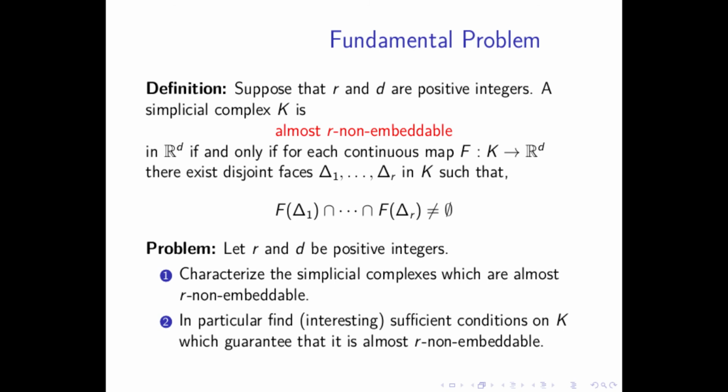Now, there has been a lot of interesting developments in several past years, but the general problem is to characterize the simplicial complexes which are almost r-non-embeddable. So almost r-non-embeddable means precisely this. And, well, at least find interesting examples. And we are very far, I think, from solving this problem.